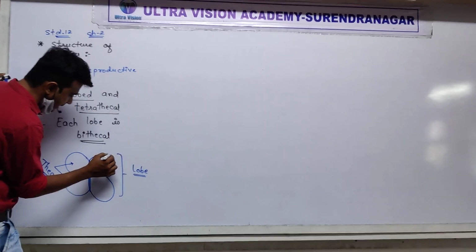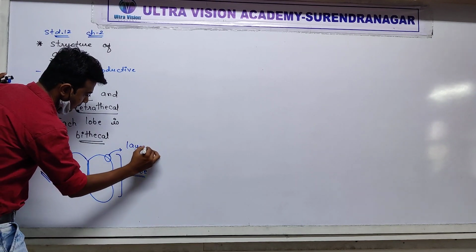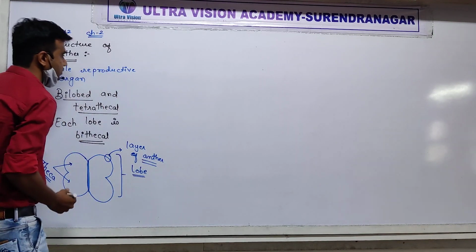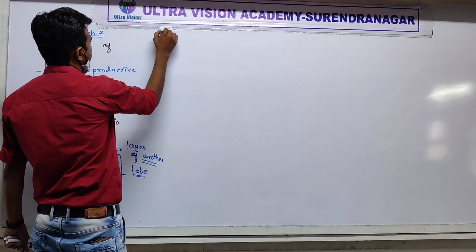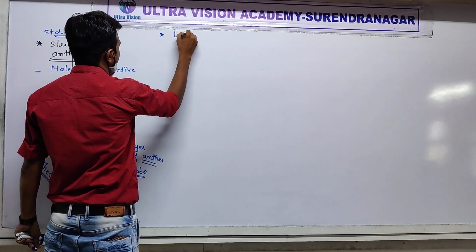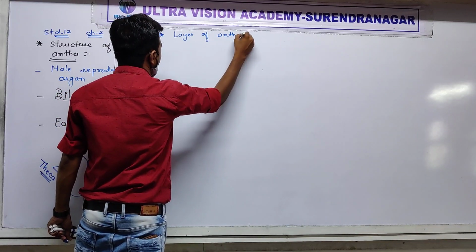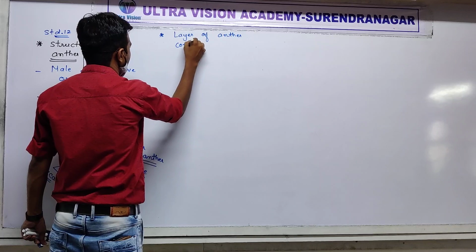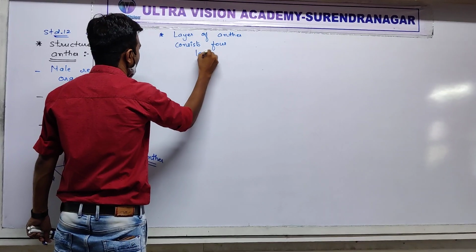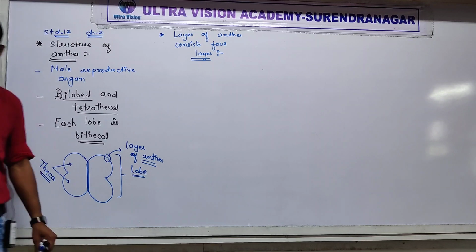Now this is known as layers of anther. So continue with that. The covering of the anther consists of four layers.